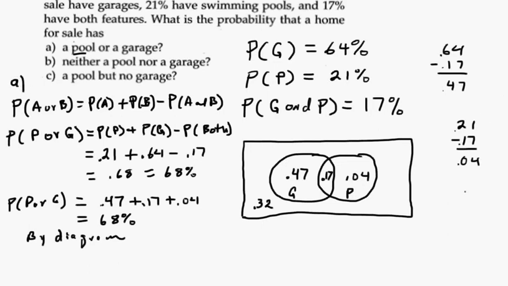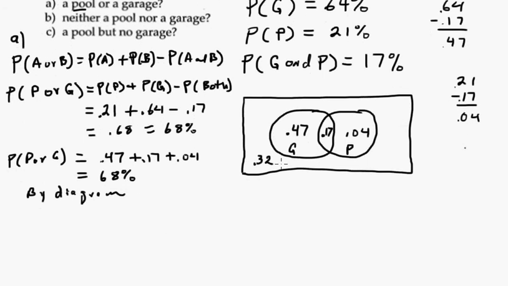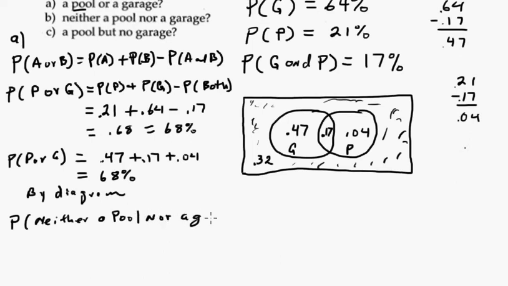Now let's look at B. B says we want the probability of neither. Well, we've already done the work. That would be all of this area out here, homes that don't. So that's just 0.32. So the probability of neither a pool nor a garage, if you think about it, is 1 minus the probability of a pool or a garage.